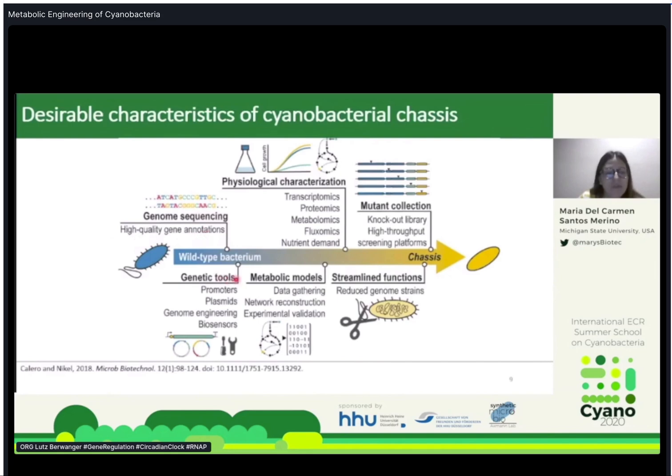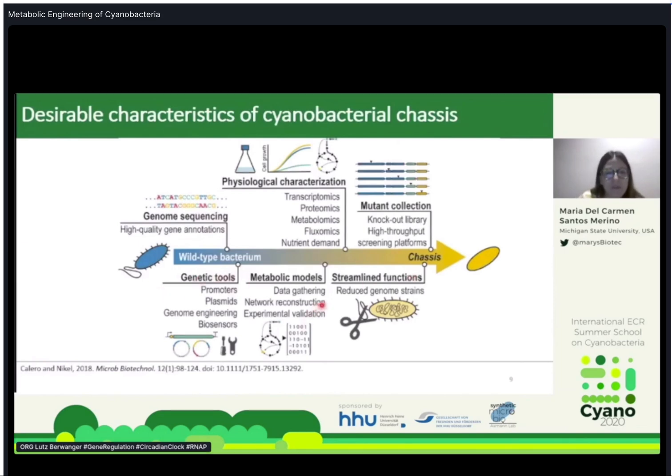And also, we should choose cyanobacteria for which genetic tools have been developed, because for metabolic engineering, we are going to need several parts. I'm going to show in the next slides: promoters, ribosome binding sites, terminators, riboswitches, etc.